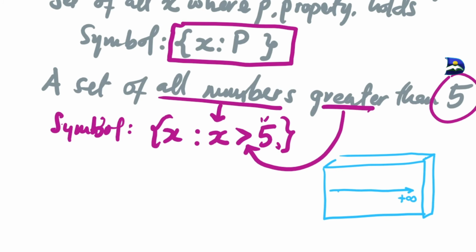Then you start at 5 and make a circle, or donut, which symbolizes that 5 is not included, and you draw a line to the right which shows that you're looking at the x values that are greater than 5. So that is one example.